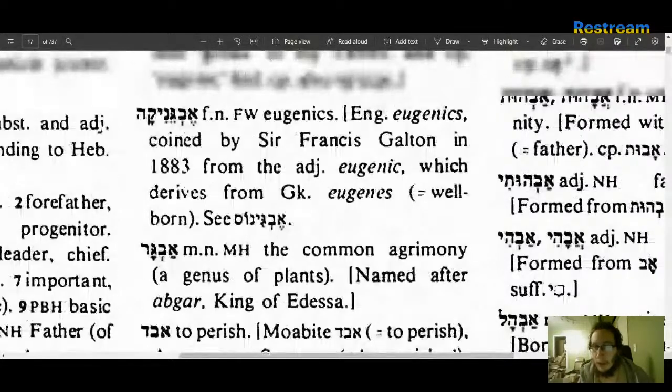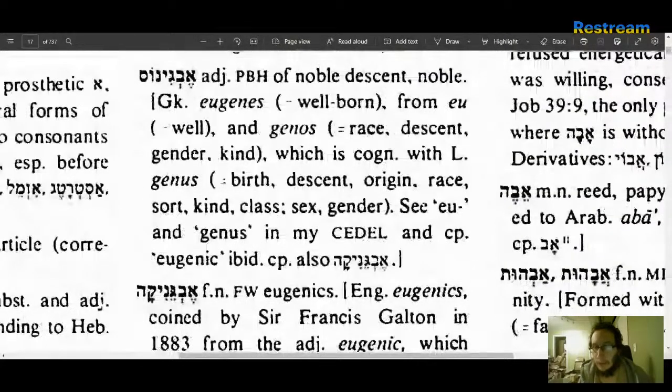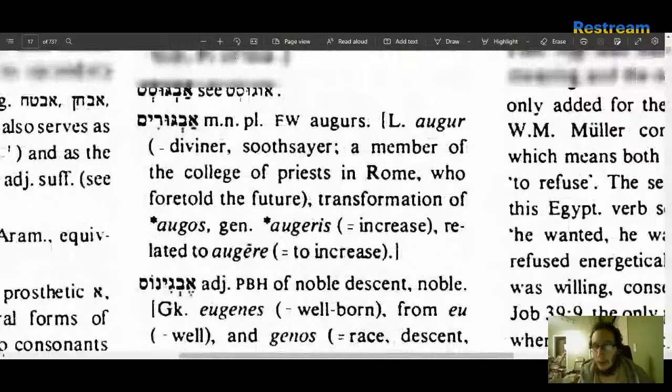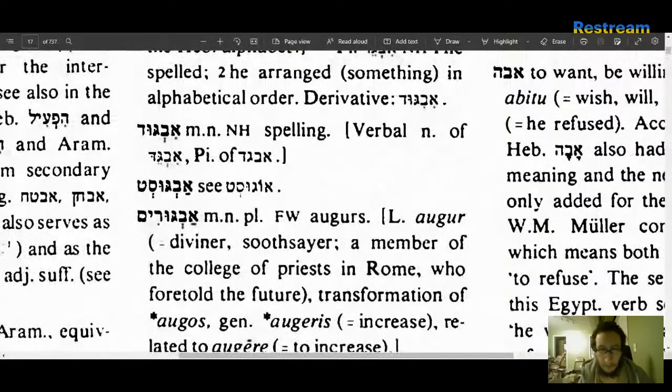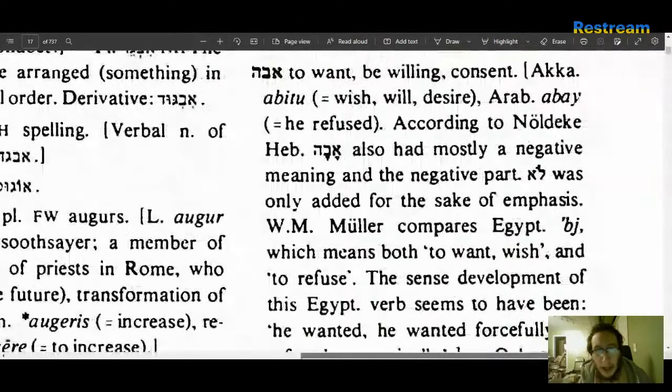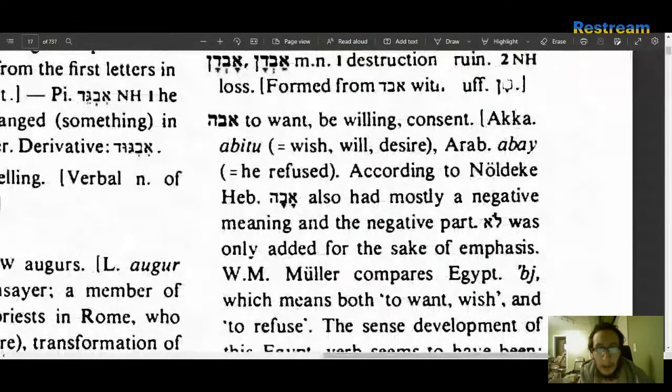Let's see what we got here. Okay, so Abba. Oh, hold on, where's my mouse? Okay, there it is. So Abba means to want or to be willing, to consent. Akkadian has abitu, wish, will, or desire.